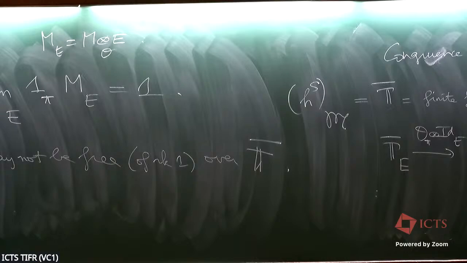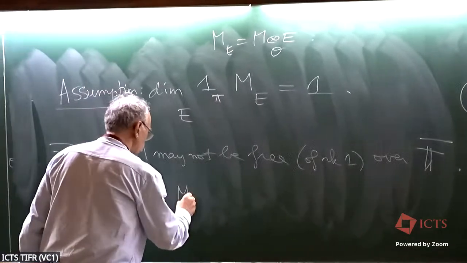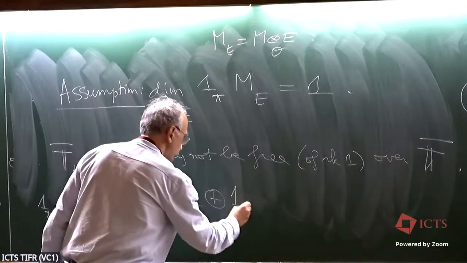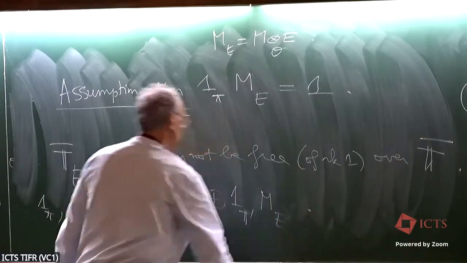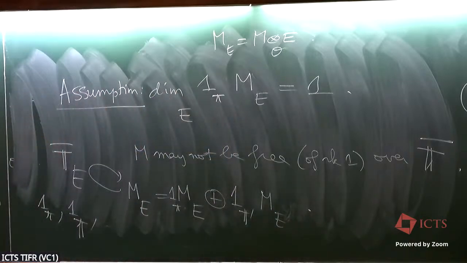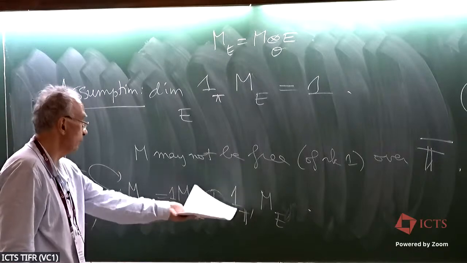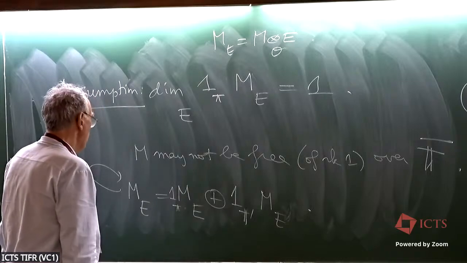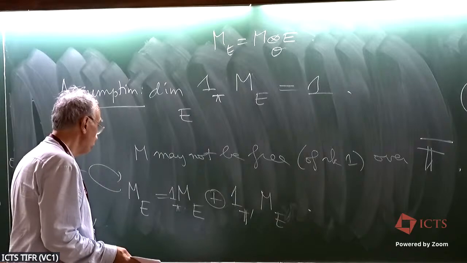And so we can use them to decompose this into 2 parts, 1 pi ME plus 1 T prime ME. And as I said, this is one-dimensional. And so from this, we do exactly the same construction.